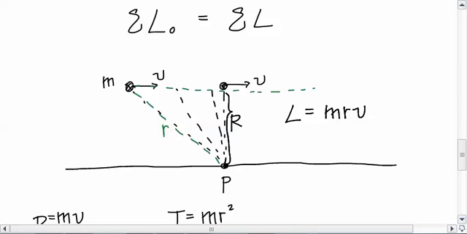What is the angle between this velocity and R? 90. What's the sine of 90? 1. So the angular momentum of a point mass moving at a distance R from a spot is usually m R v.